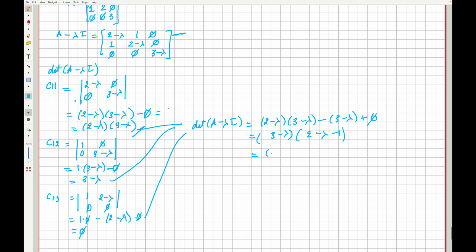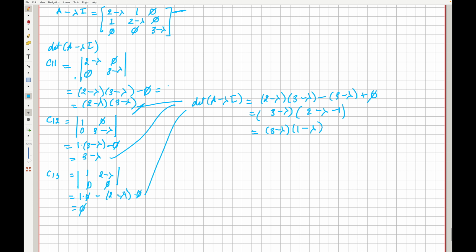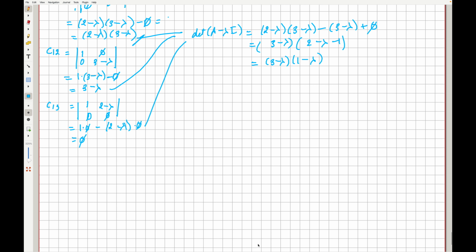So we get 3 minus lambda times 1 minus lambda, and this looks too short, and that means we lost a factor. So let's catch it. We must remember that the lower right element also contributes another 3 minus lambda, because we effectively dropped it when expanding only the first row.